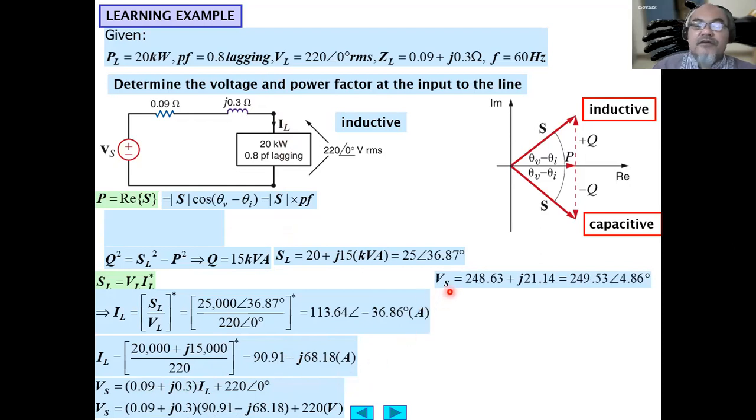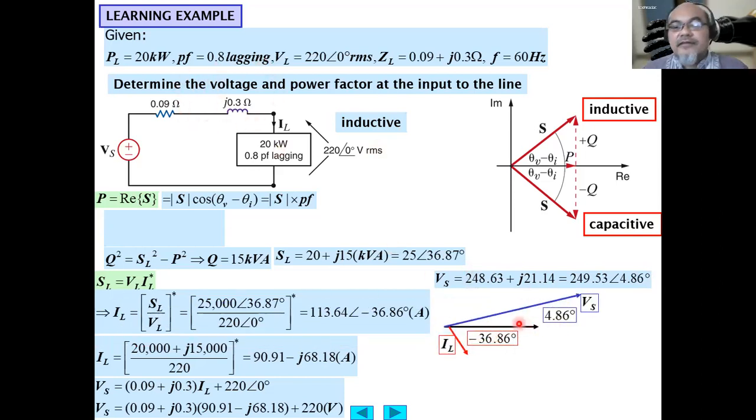So from here we obtain 248.63 volt plus j21.14 volt, or in phasor format equals 249.53 with a phase angle of 4.86 degree volt. So this is the voltage VS, with a phase angle of 4.86.